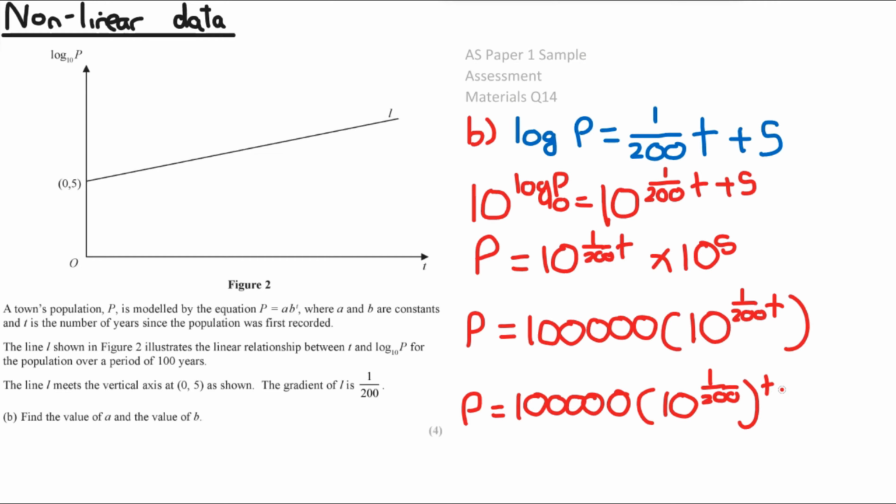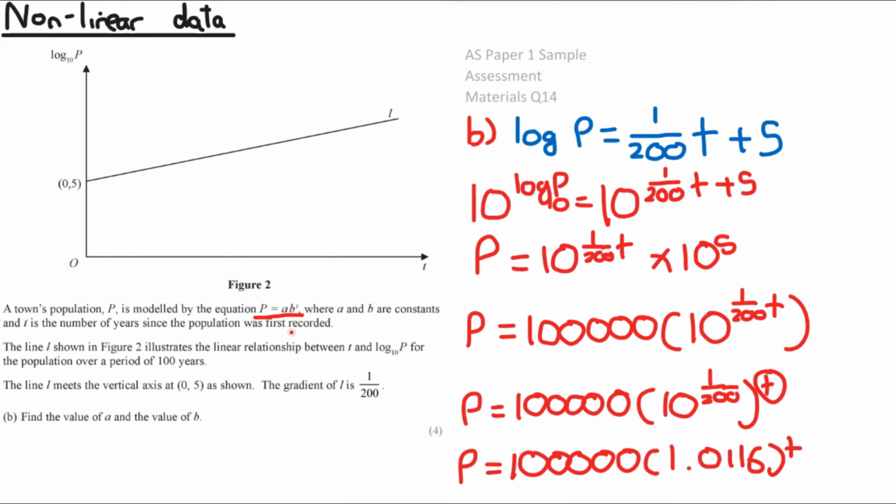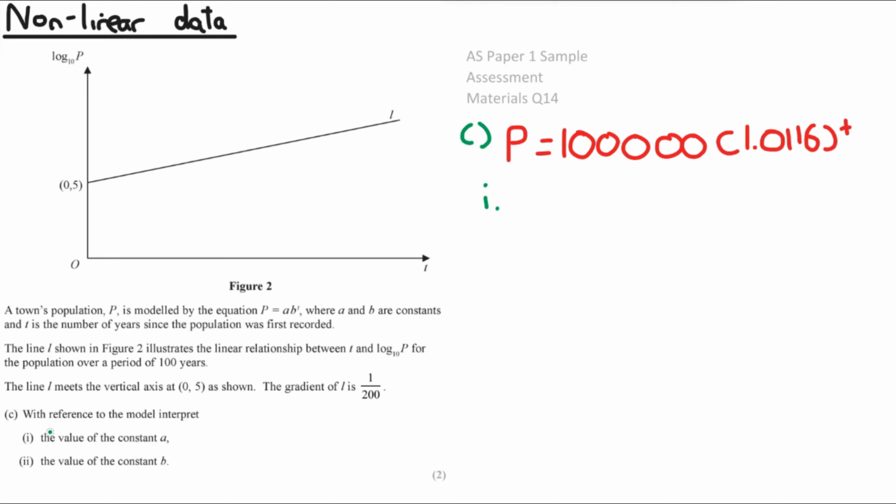Therefore p is equal to 100,000, and then it's to the power of t, and this here is going to be b, and if you put this into a calculator, this is equal to 1.0116 to the power of t. So this is the final equation. P is equal to ab to the power of t. So a is equal to 100,000 and b is equal to 1.0116.